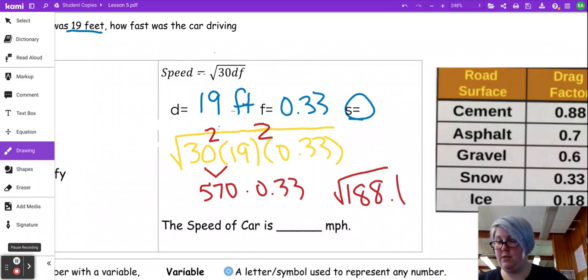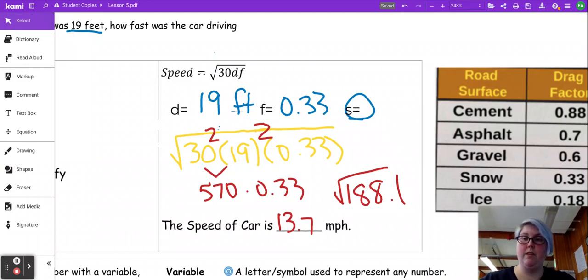We put that into our calculator, and we get 13.71. So I'm going to round that to 13.7. So the speed of the car was 13.7 miles per hour.